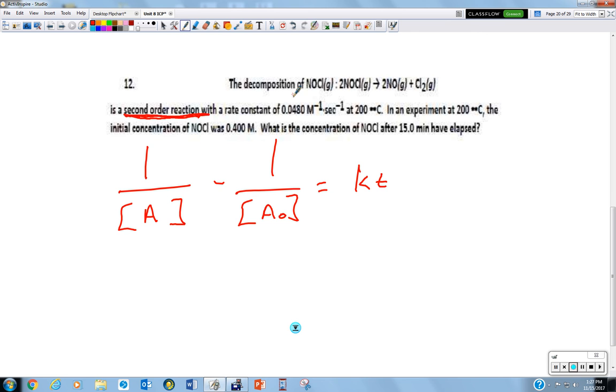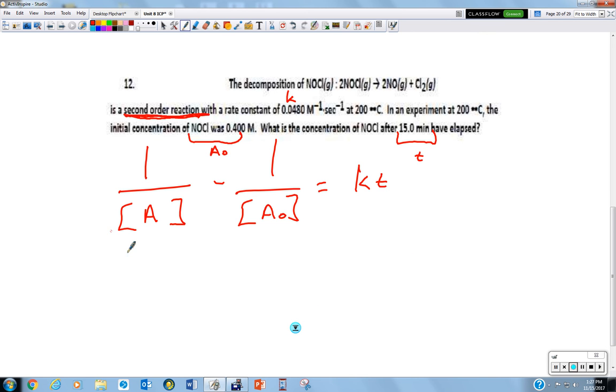So we have our K in this equation. We have our A naught right there, and then we have our time.